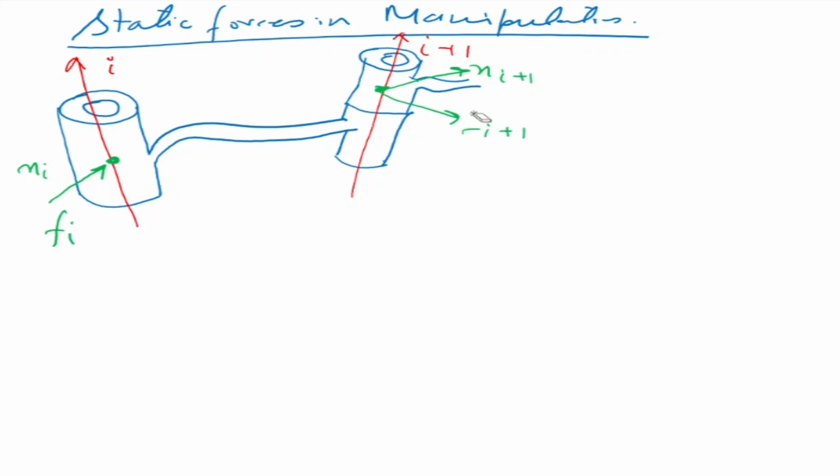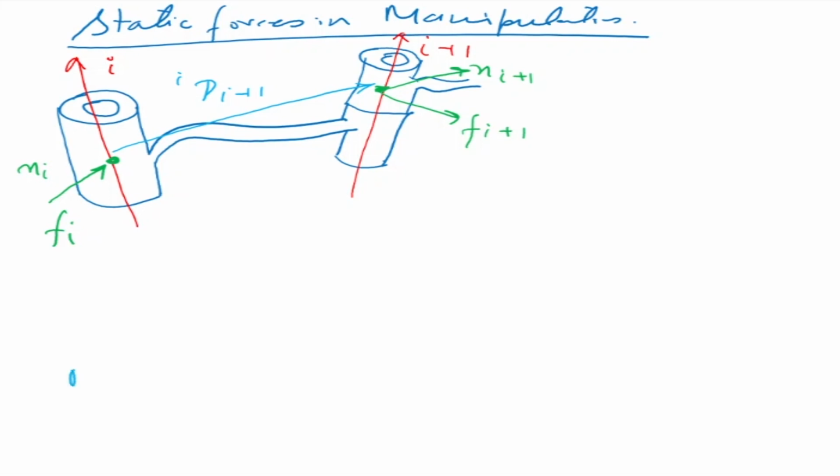And there's a distance between these two joints, the distance between this and this is, let's say, Pi plus 1. So I want to find the relation between the force from one link to the other link.